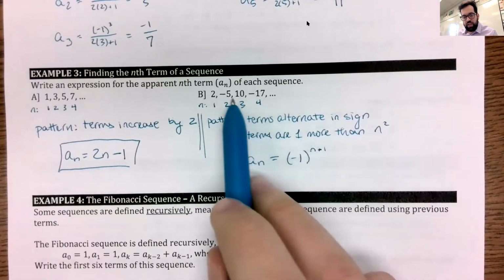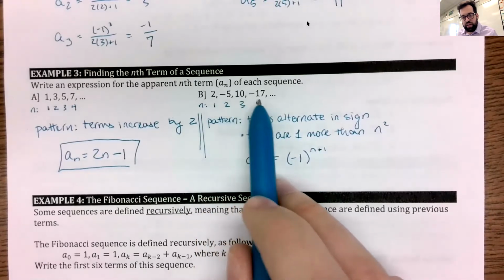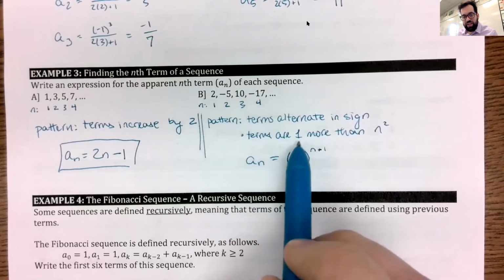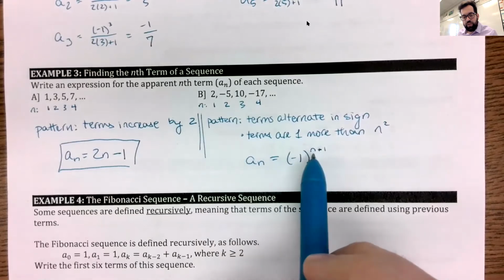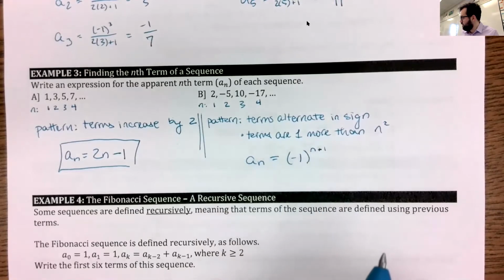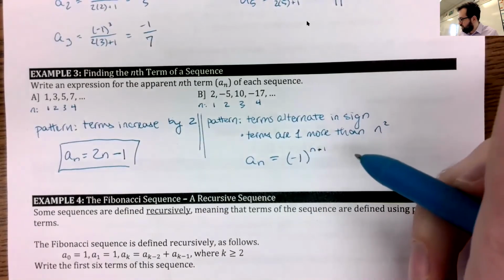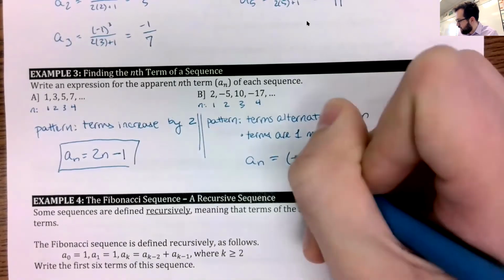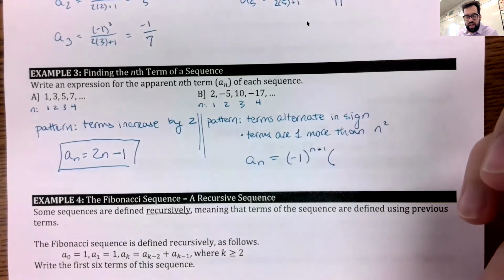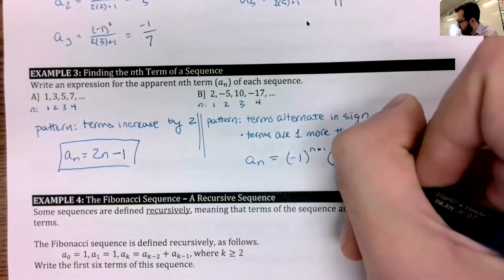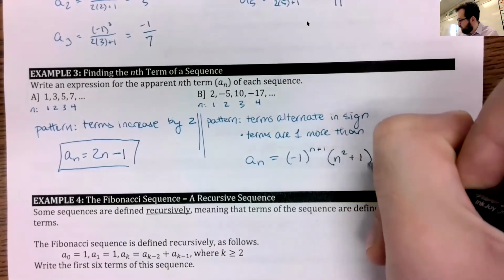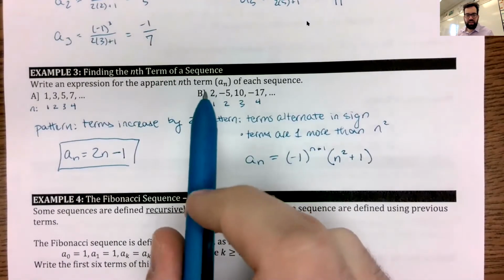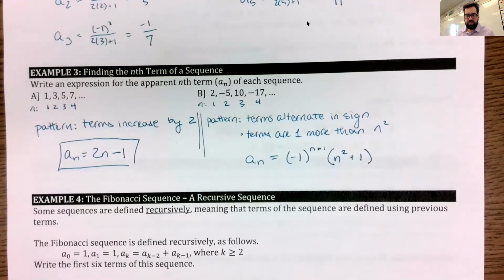All right, so you can see I took the negative, positive, and swapped it just by doing a +1 down here. And we also need to make our term itself 1 more than n squared. So I'm going to multiply either a +1 or a -1 by n squared plus 1. So that combined is going to give us each of these terms.